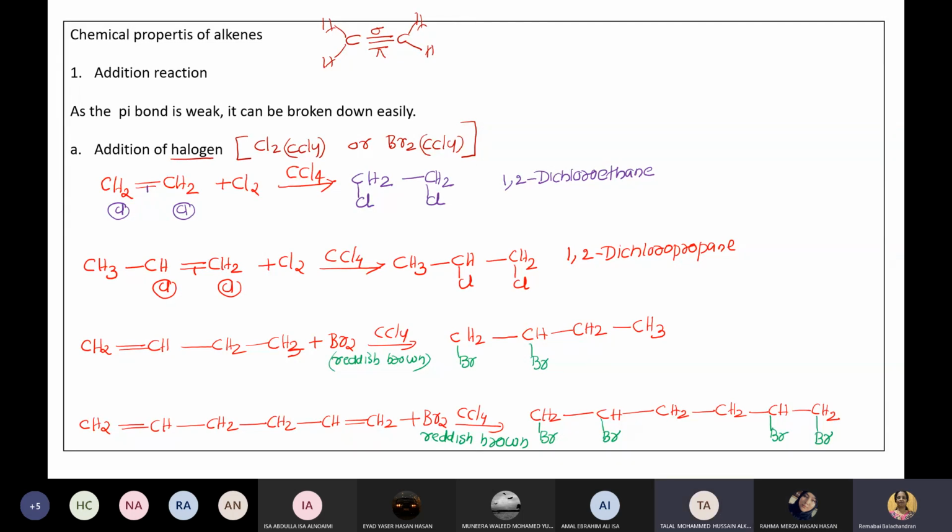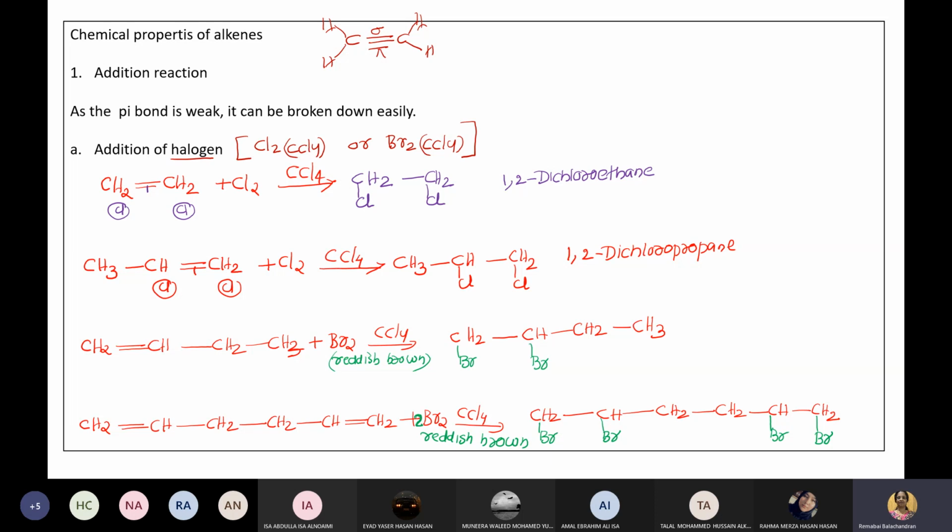I didn't balance it, so you can add 2Br2 here. In organic reactions, even if you don't balance, especially except combustion reactions, it's okay. We don't write them balanced. But if you want to write a balanced equation, no problem, you can add 2Br2.